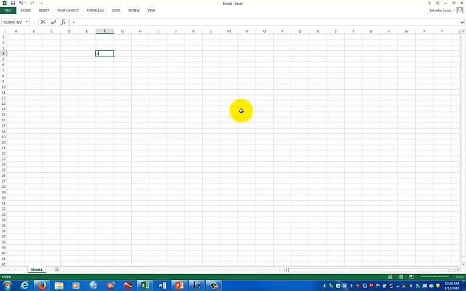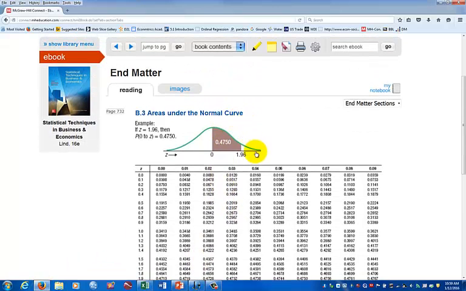So if we use, for example, just the NORM.S.DIST and type 1.8, comma, TRUE, I will find the area to the left of 1.8. In other words, all the area to the left of this point here. But I'm not interested in that area. I'm interested in this little area here.